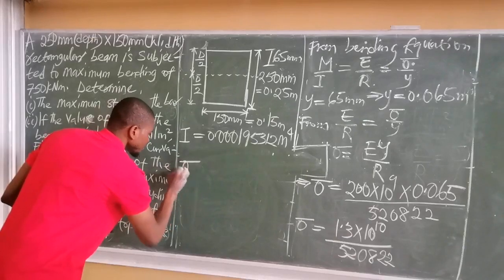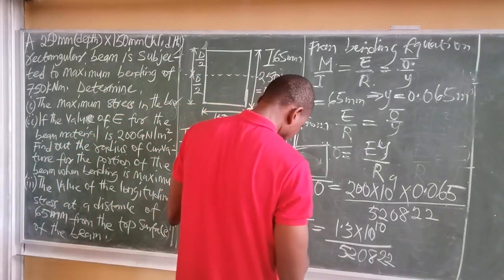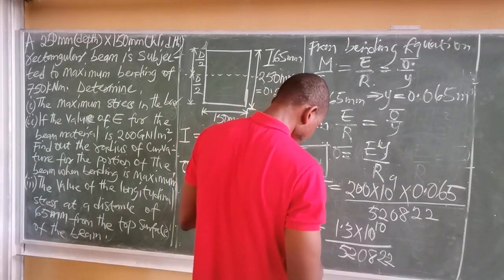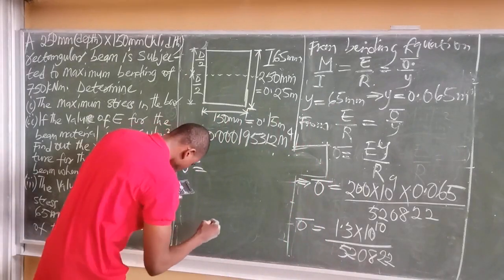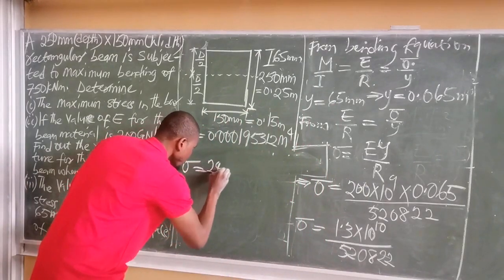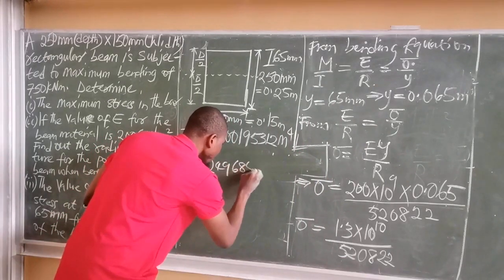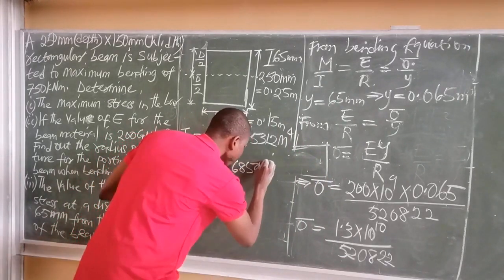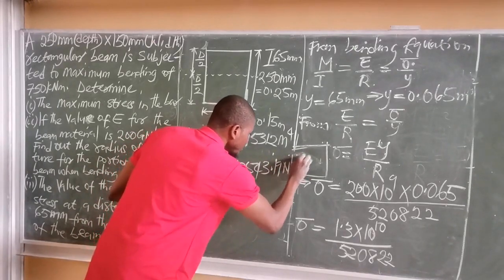If we divide that now, we can obtain the stress at that portion. Sigma is now equal to 24968543.19 newtons per meter squared.